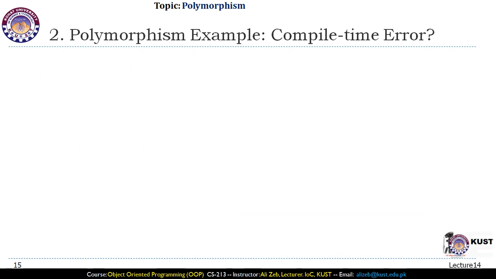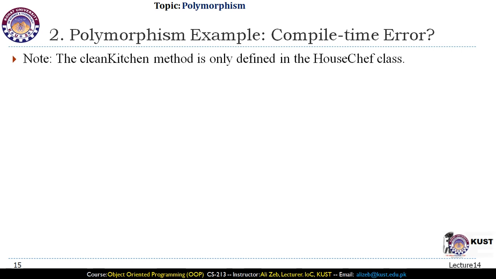Now let's look at what we cannot do using polymorphism, what is not allowed by the compiler and will generate a compile time error when we try to do that. For example, the cleanKitchen method, if you remember from our example, was only defined in the HouseChef class.